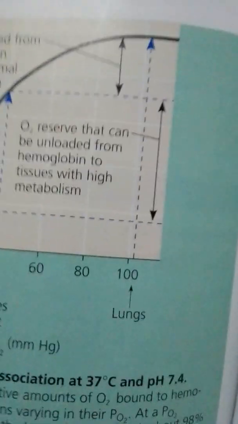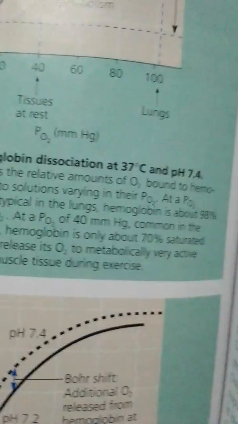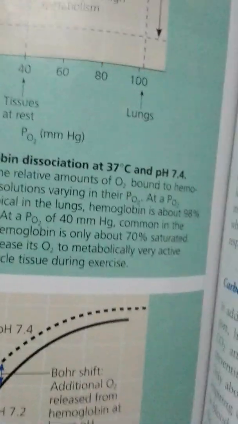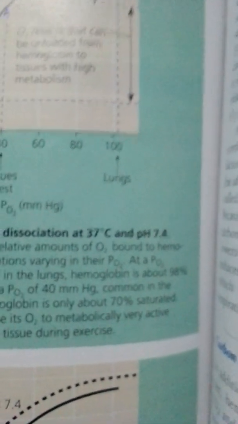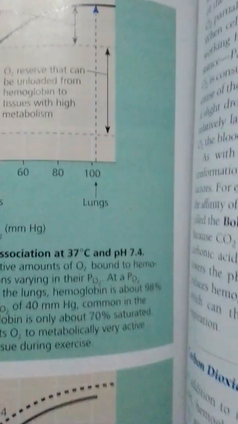Hemoglobin consists of 4 subunits, each with a cofactor called a heme group that has an iron atom at its center. The iron binds the O2. Thus, each hemoglobin molecule can carry 4 molecules of O2.